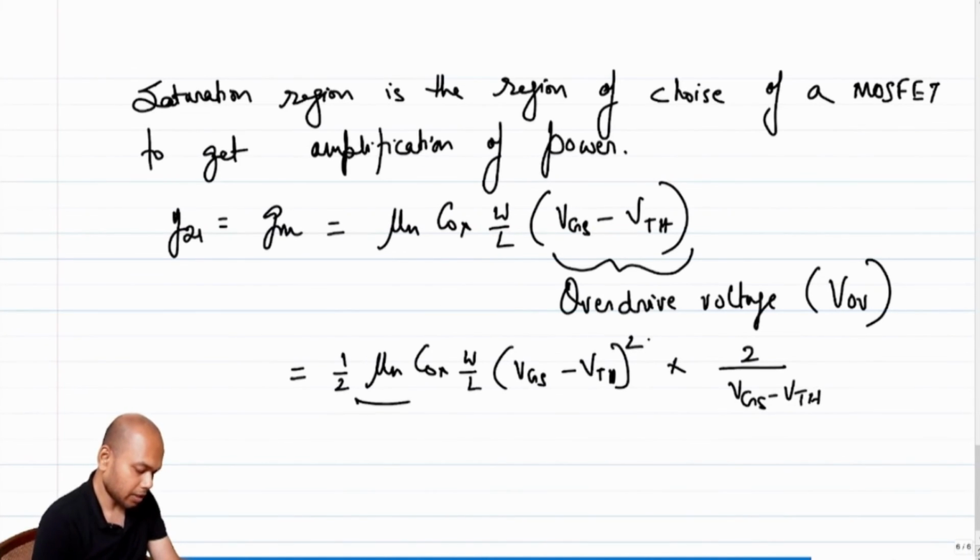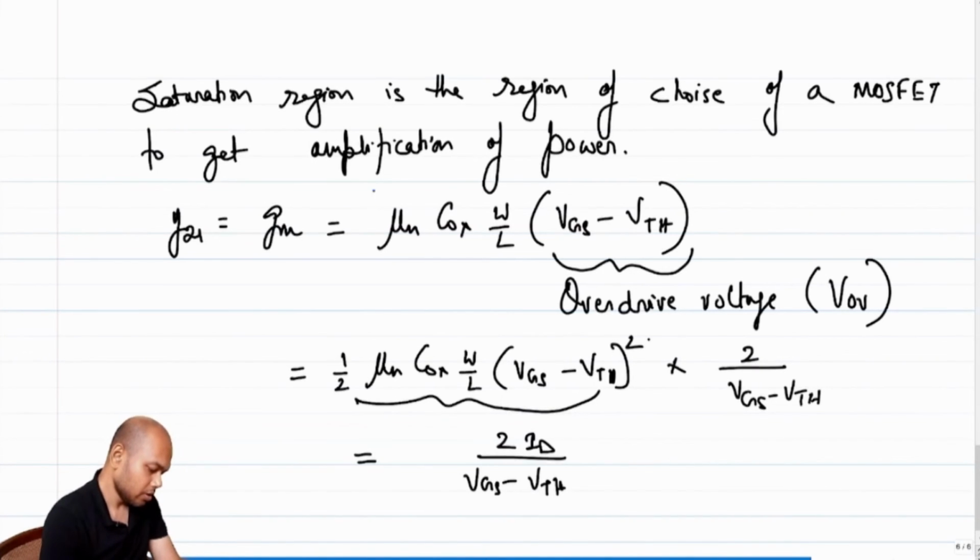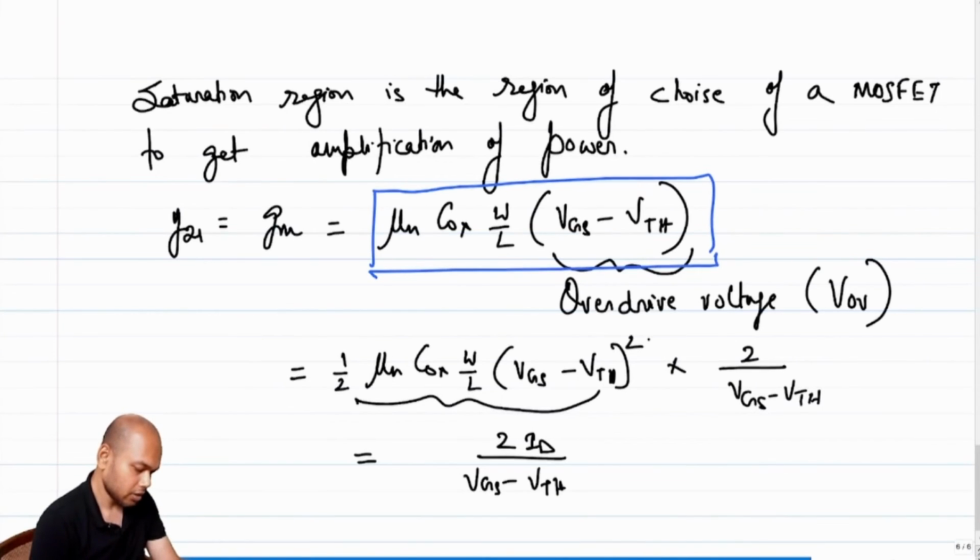This becomes ID, so this becomes 2ID over (VGS minus threshold voltage), correct? So this becomes one expression for GM. This becomes another expression for GM.